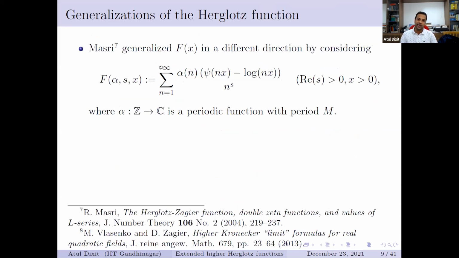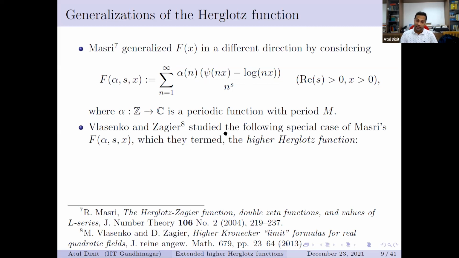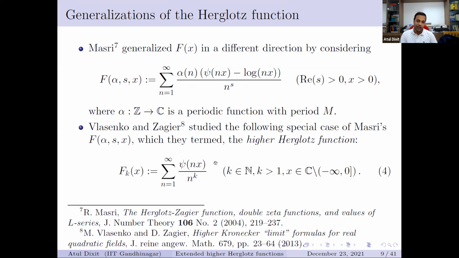Riad Masri actually has another generalization where he has a periodic function here, alpha of n, and also he puts n to the power s. Now s is any complex number such that the real part of s is greater than 0. Vlasenko and Zagier, in an influential paper in Crelle, further looked at a special case of this Masri's function, where you don't see log nx here because that's not really required for convergence.